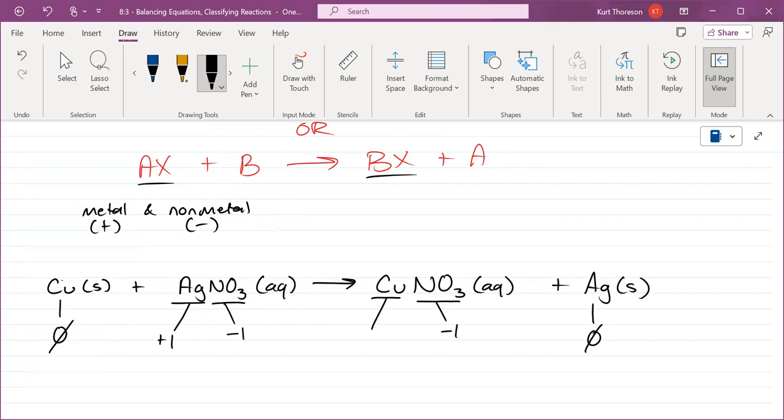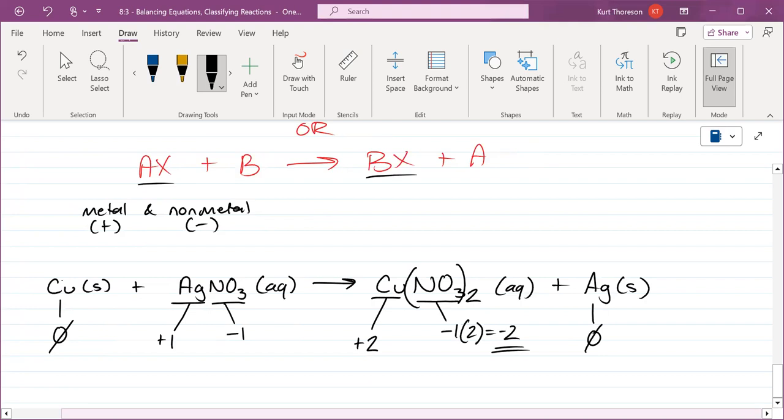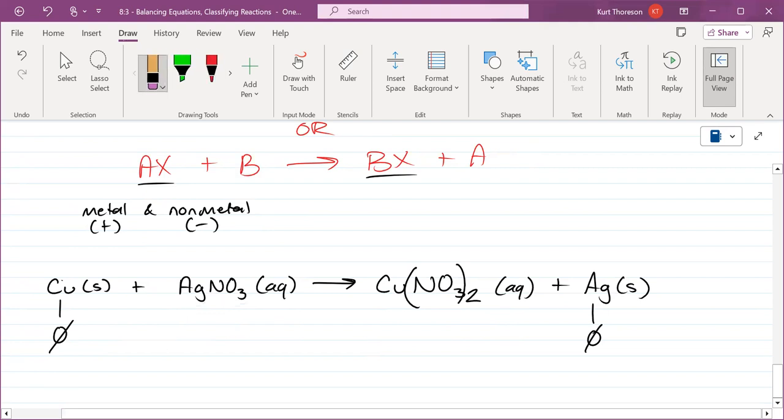Well, if you look at the periodic table, you'll know that copper has a +2 charge. Does +2 balance out with -1? It doesn't. So you need multiple nitrates. You need 2 of them. So -1 times 2 will equal -2. And now we're all balanced as far as the individual compounds are concerned.